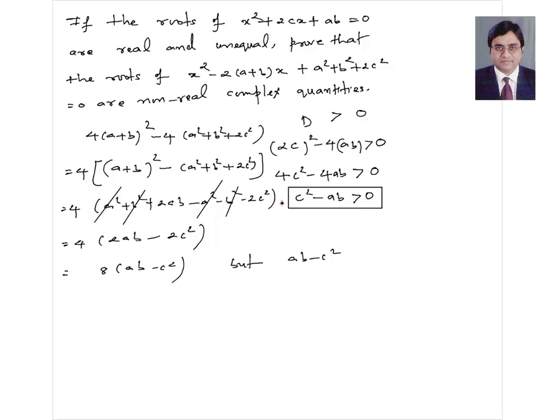When you multiply by a minus sign, you get AB minus c squared. But when you multiply by a minus sign, the inequality sign will reverse. Right? That means AB minus c squared is negative. 8 times negative is going to be negative itself. That means the discriminant is negative, and therefore the roots are going to be complex roots. Any questions about this? Let me know.